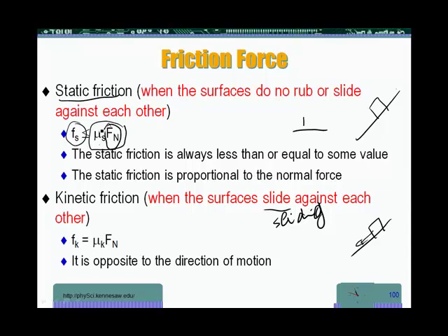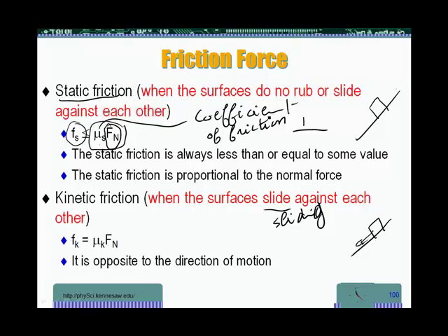Now the mu is what we call the coefficient of friction in general. So we'll use mu, the Greek letter mu, to refer to the coefficients of friction. When we write mu sub s, then we are referring to the coefficient of static friction.